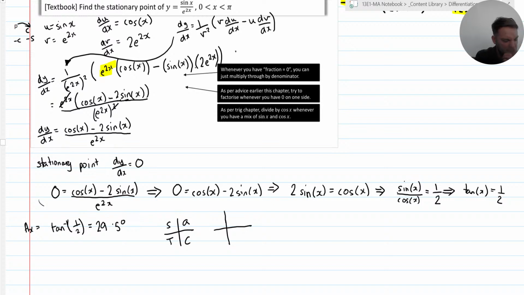I'm just going to change my mode. Shift tan to the minus 1, 0.5 is equal to 0.464.